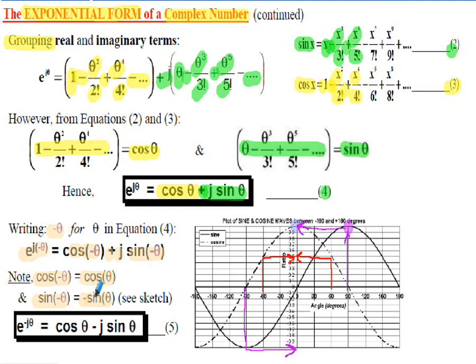So by putting the negative in front of the sine function, we can equate left and right hand sides there. So if I change the sign on the right hand side in equation 5 here of the sine function, then I can write the e to the minus j theta equation. I would encourage you to stop the presentation and just rethink through the information on that slide.